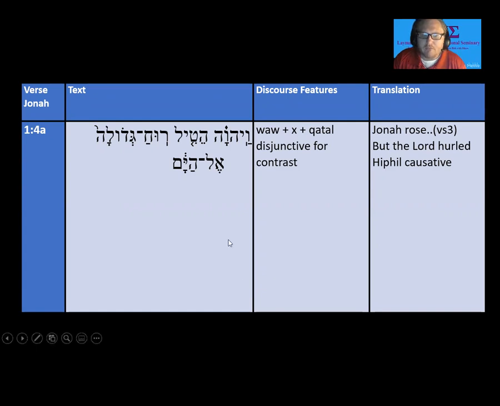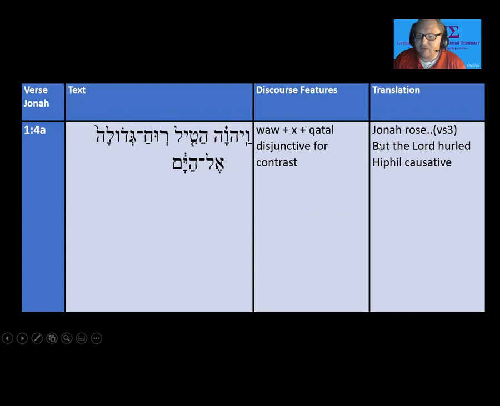So beginning here in 1:4, just as another guy named Scott had pointed out, in verse 3 it talks about Jonah rose, and then you have a disjunctive clause. Of course, a disjunctive clause is where rather than going verb first then subject, you have Yahweh coming right here as the subject, and then the action being there.